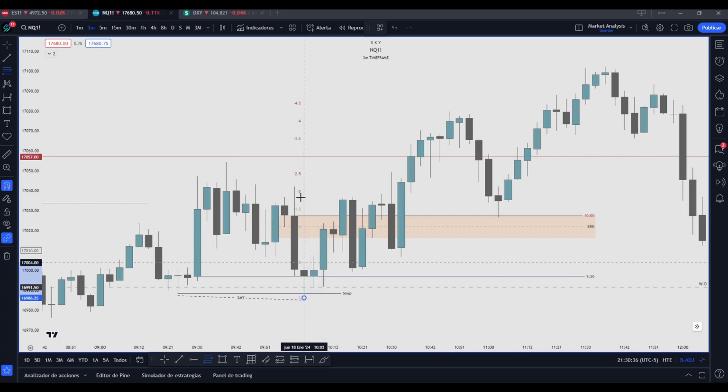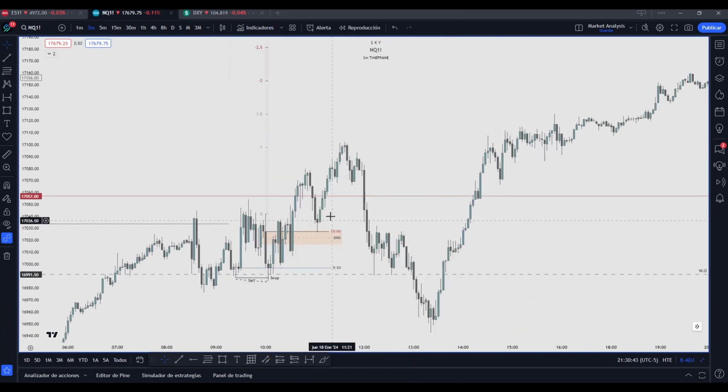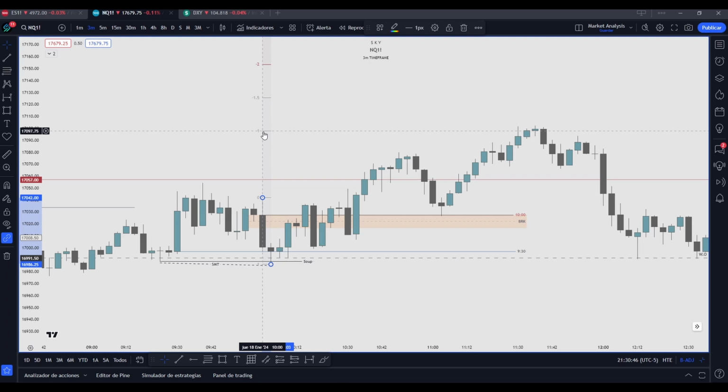Let's see if some projections fit. Too ambitious projections and then taking a loss.